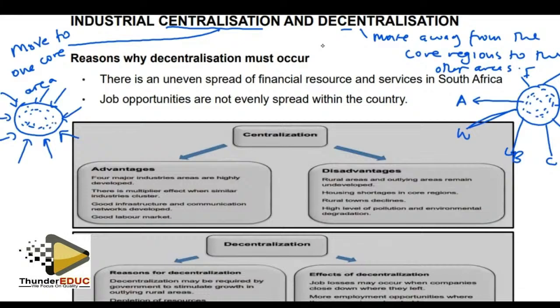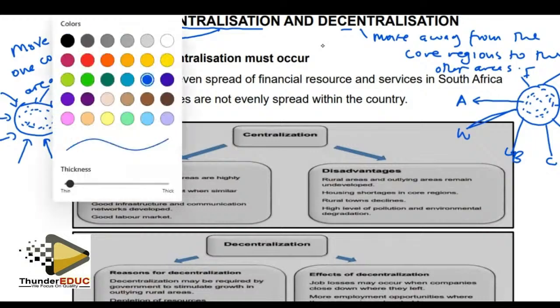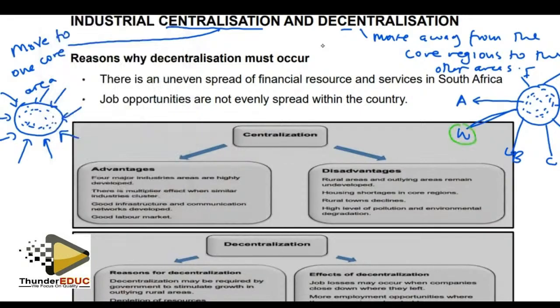That is why, on this other side, for industrial decentralization, if industries are moving to such places, it means there will be job distribution in many places instead of jobs only focusing on this particular point.